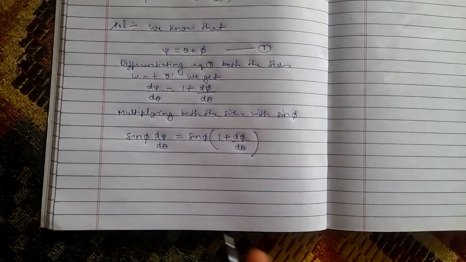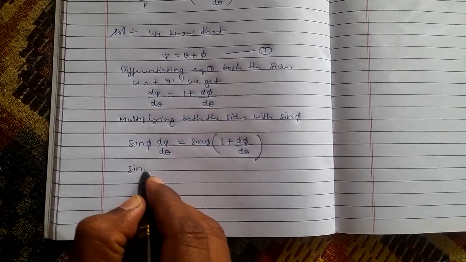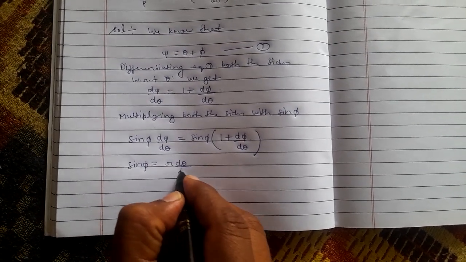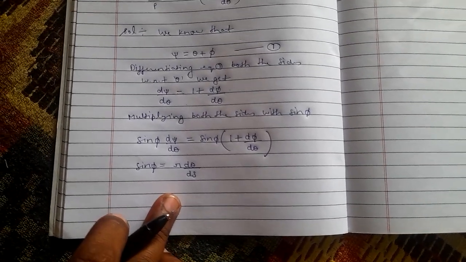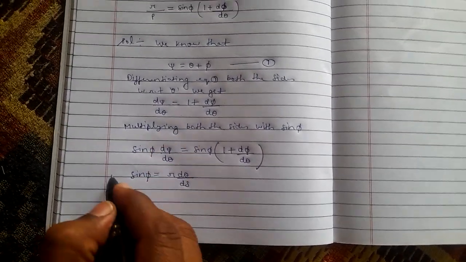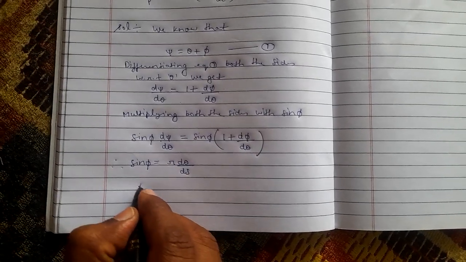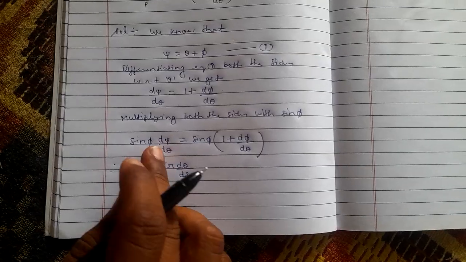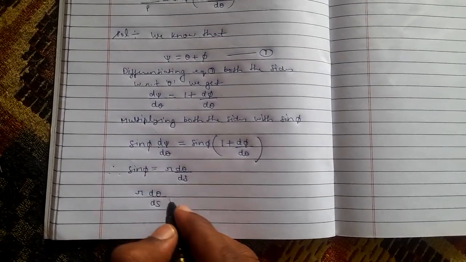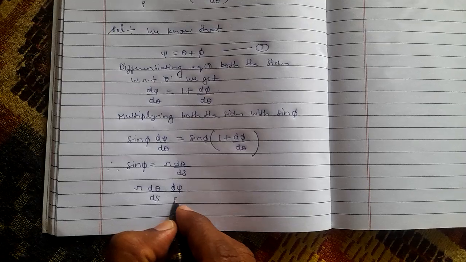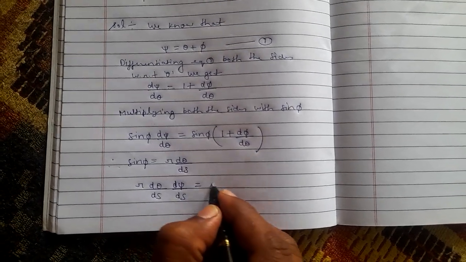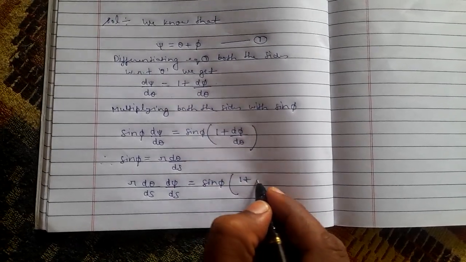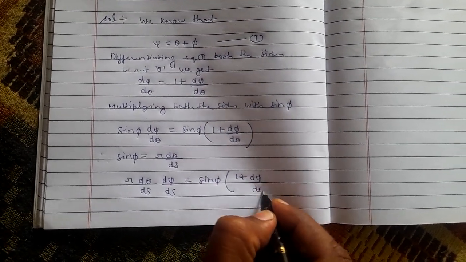And we know that in radius of curvature, sin phi is written as r d theta upon ds. So we put this value in place of sin phi, putting r into d theta upon ds. This gives d psi upon ds is equal to sin phi into 1 plus d phi upon d theta.